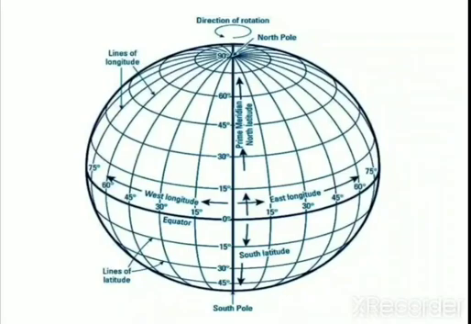So we have a number of latitudes and a number of longitude lines. In that, the two important ones are the equator and the prime meridian. With this reference we are able to find out the exact location of a place on the earth's surface.